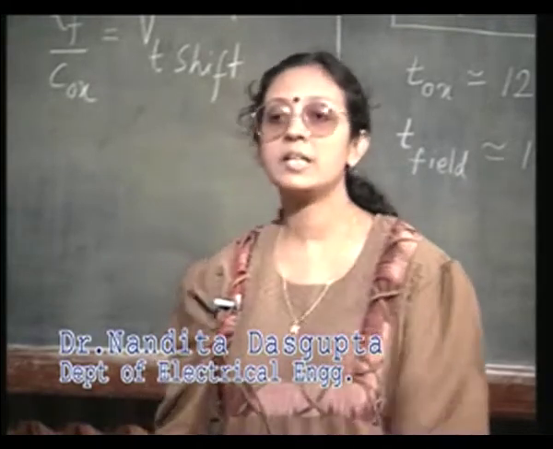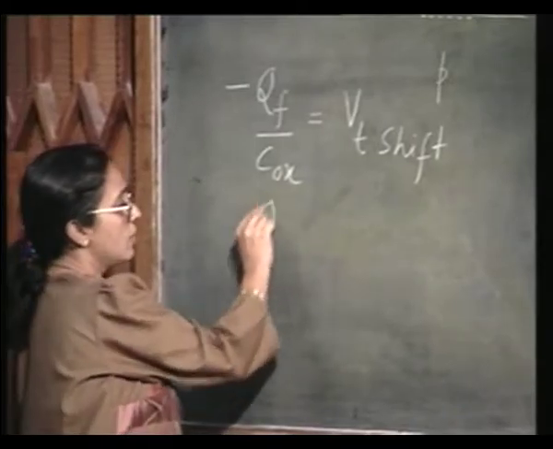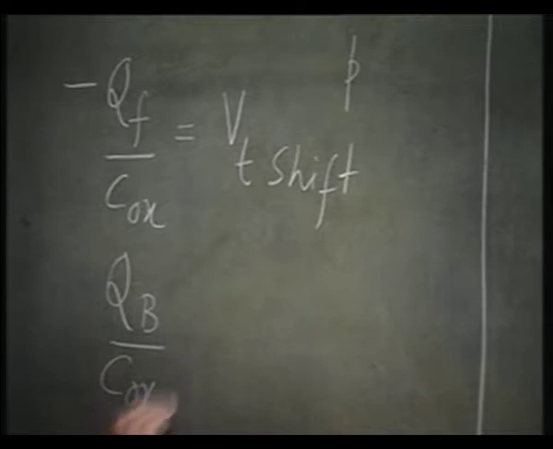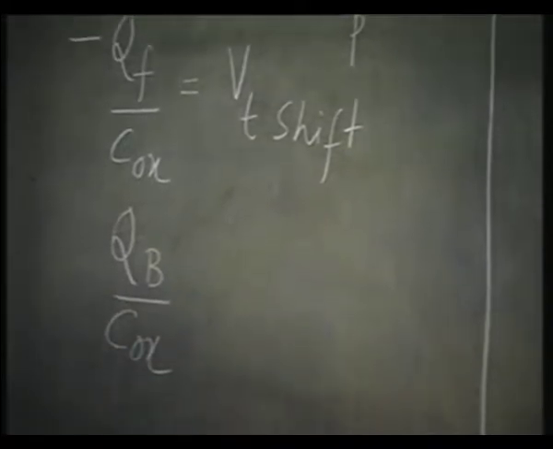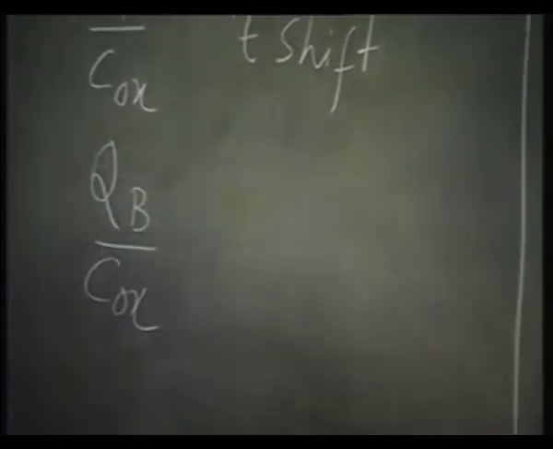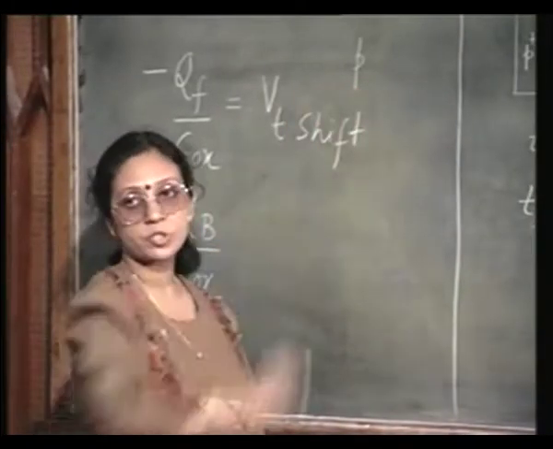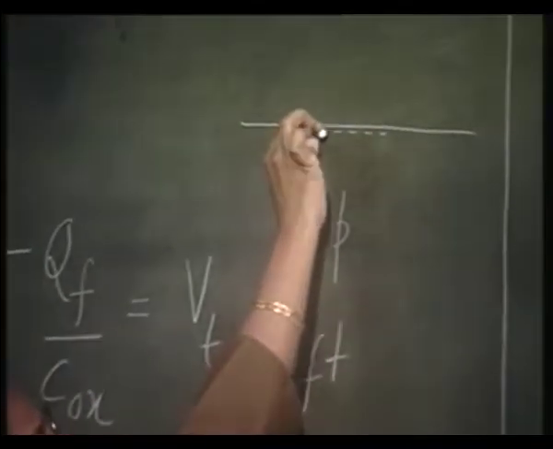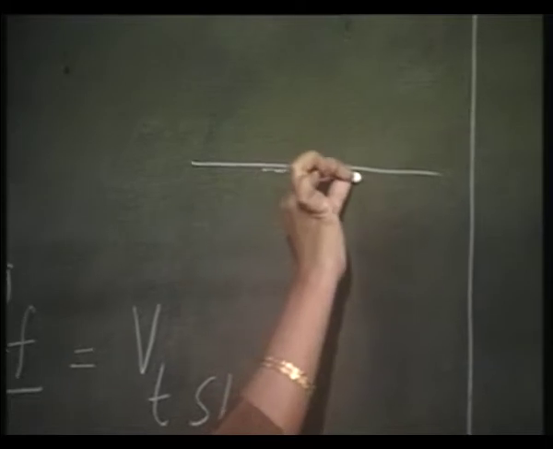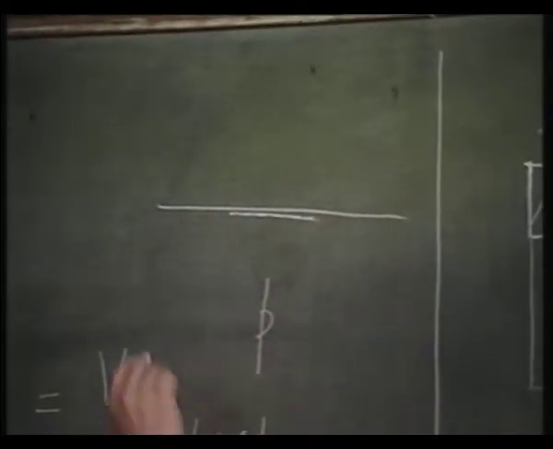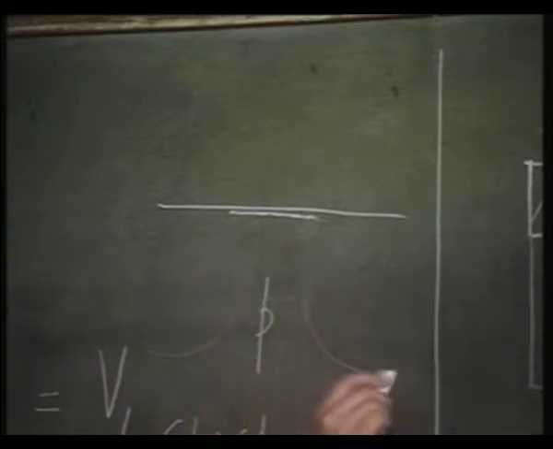So, effectively you are allowing the threshold voltage to get shifted by an amount QB by Cox without actually affecting the substrate threshold voltage. This is the substrate doping concentration. This thin sheet of charge is located very close to the surface, so that it does not really affect the depletion layer edge.